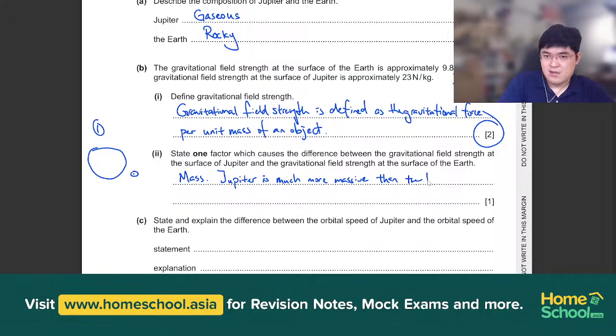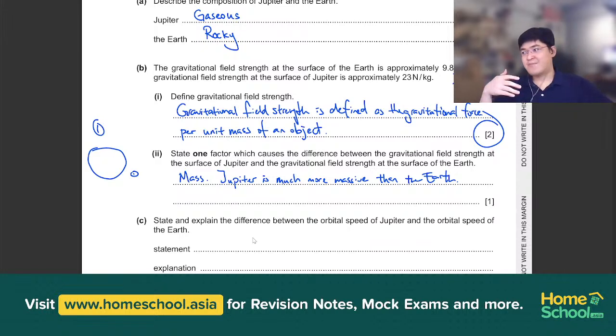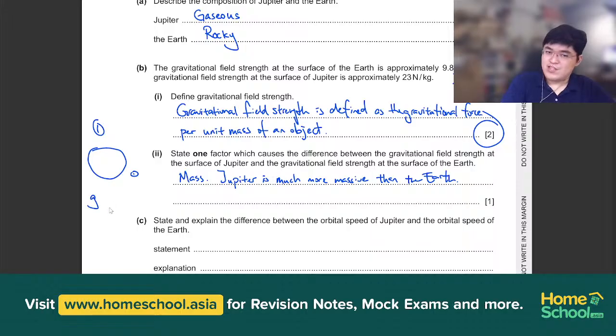Okay? So pretty much, I'm going to teach something a little bit out of syllabus, but let me show you. As I said before, gravitational field strength is equal to the gravitational constant multiplied by the mass of the planet, divided by the radius of the planet, measured from the center.